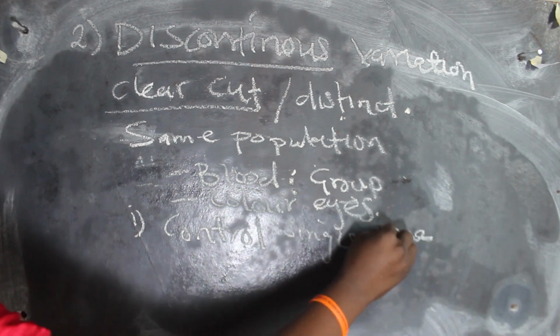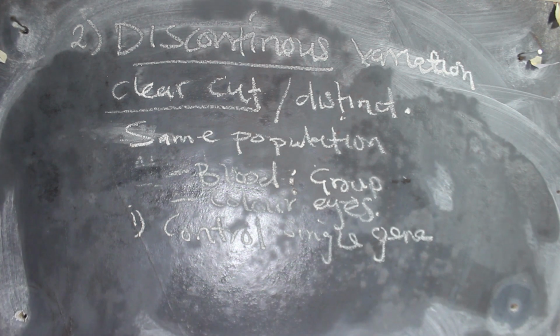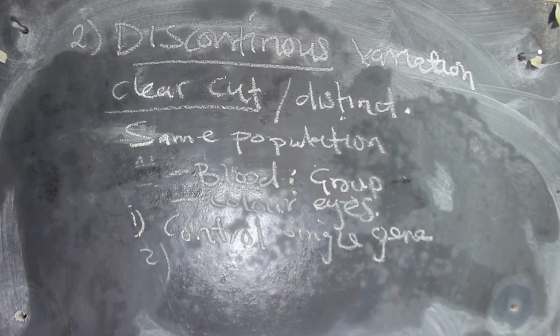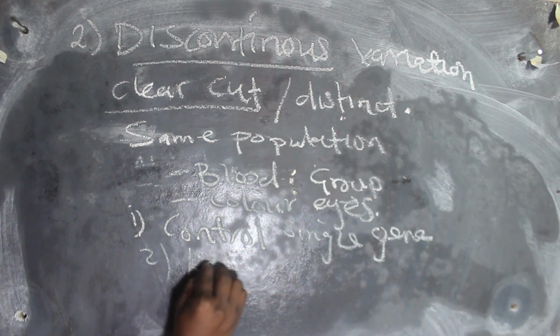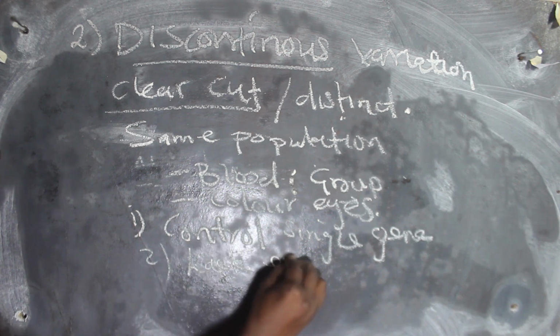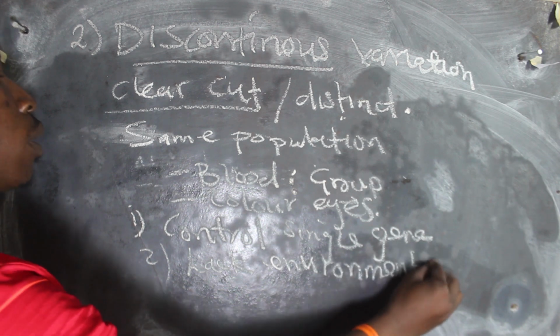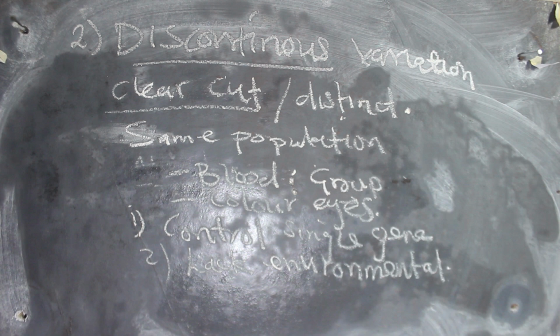It is only a single gene that plays that role. Another thing is the lack of environmental influence. Here we do not have environmental factors coming into play. Regardless of climate change, regardless of the climate you are in, regardless of what is happening in your environment or what you are eating, this is what makes discontinuous variation.